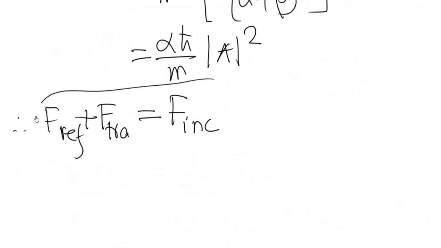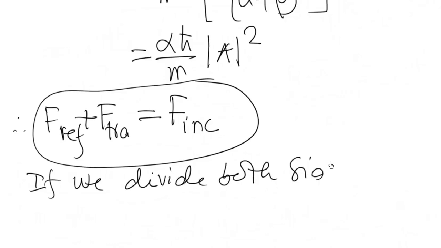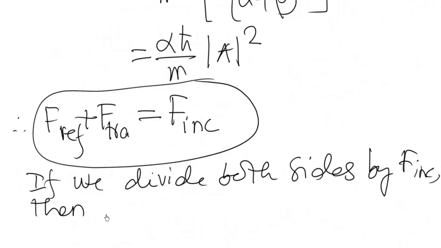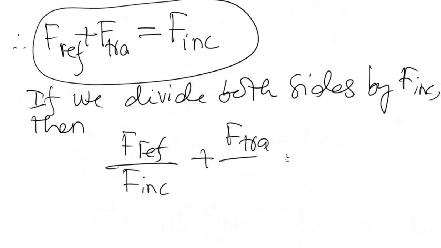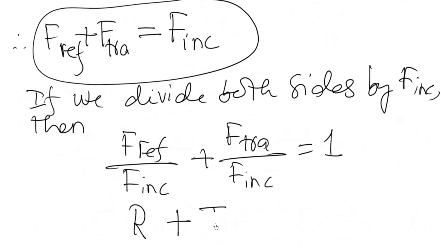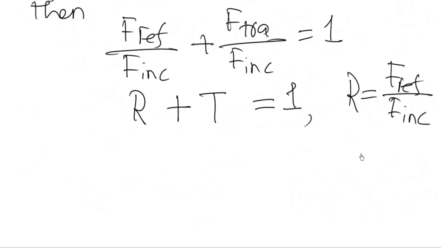If we divide both sides by F incident, then we get R plus T equal to 1, where R is F reflected by F incident and T is F transmitted by F incident.